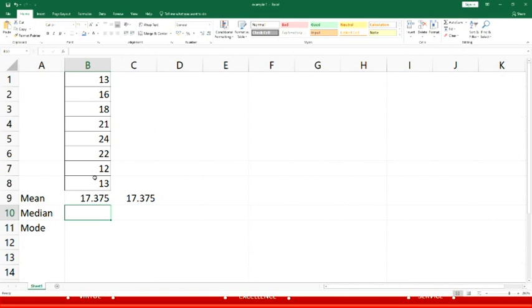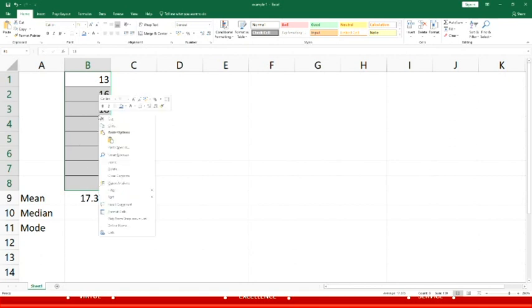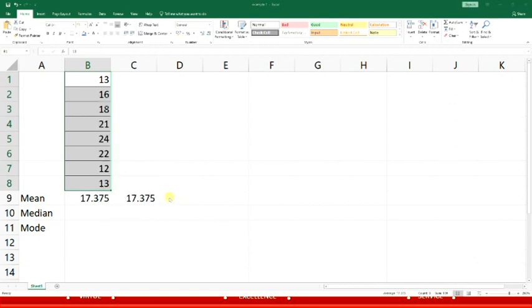Next, for the median. Always remember that the first thing we have to do in determining the median is to arrange the scores in ascending order. In Microsoft Excel, that is very easy because you just have to select the cells, right click, and sort from smallest to largest.